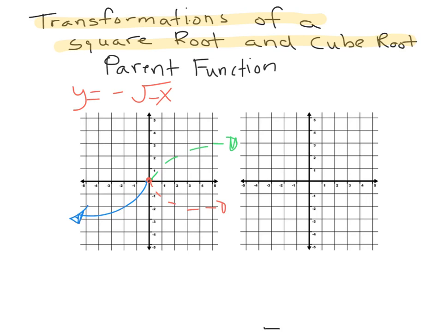So let me erase this right now so that way we can talk about the stretch and the compression now. Alrighty, so in order to talk about that, okay, we need to know the A value and what it means. So if I'm talking about a stretch, that means that my A value is going to be greater than 1, right?